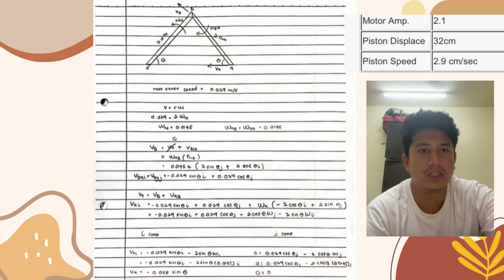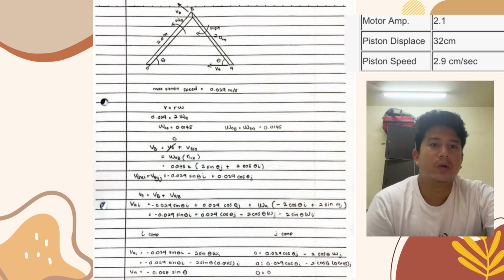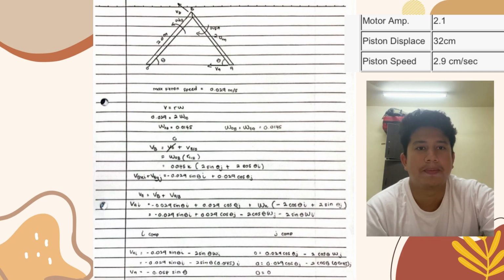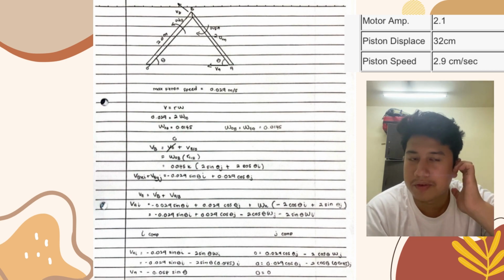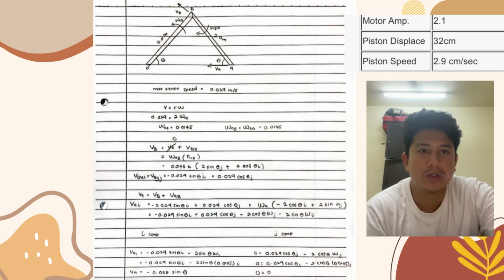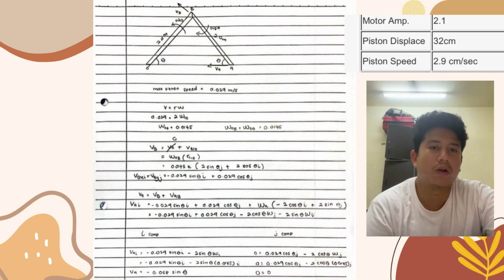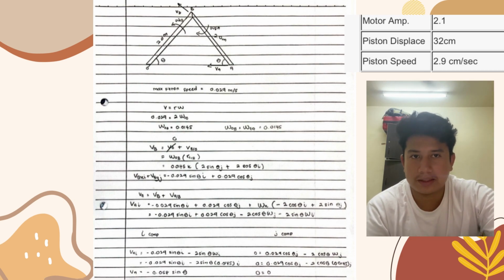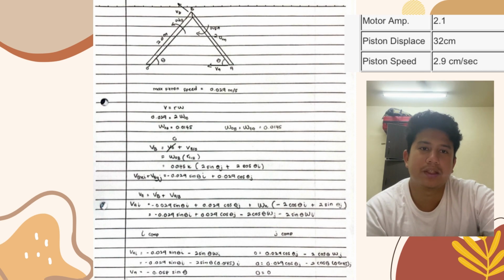So we can just use the formula of omega BO times by ROB, where omega OB is 0.0145 K, times by the distance of OB, which is 2 sin delta J plus 2 cos delta I. We can distribute the VB into I component and J component, respected to X is I and respected to Y is J, and we get the final answer for VB as negative 0.029 sin delta I plus 0.029 cos delta J.